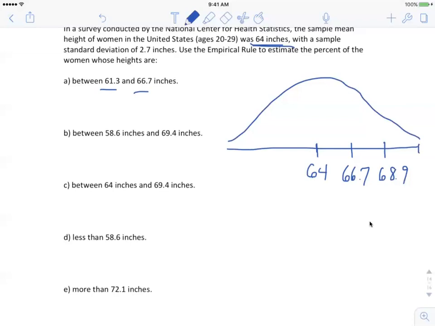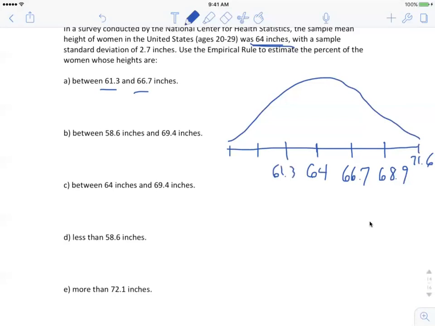Let me do it on my calculator so I don't mess this video up. 71.6. That's 3 standard deviations above the mean. You could also go below the mean, below 1, below 2, below 3. I'm just going to be subtracting that 2.7. So that's going to be a 61.3.